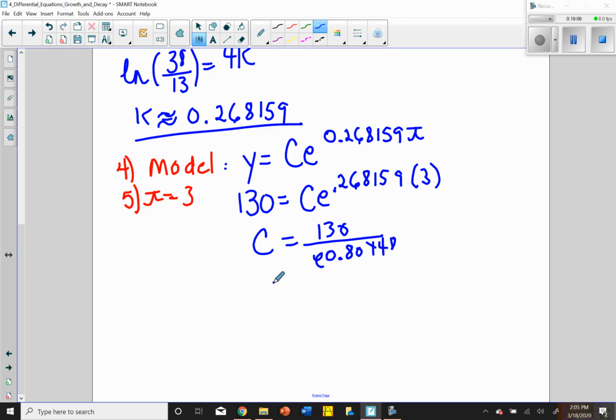And our C becomes about 58 insects. So initially, there were about 58 insects. The prompt was asking us to find how many insects were in the initial population. Can't spell insects today. INSECTS initially.